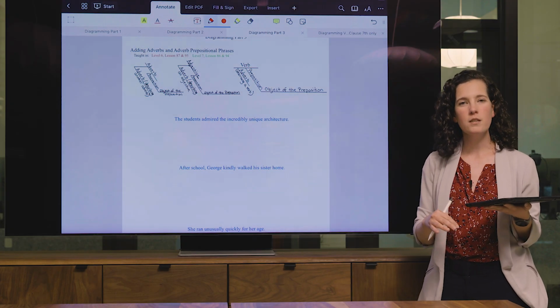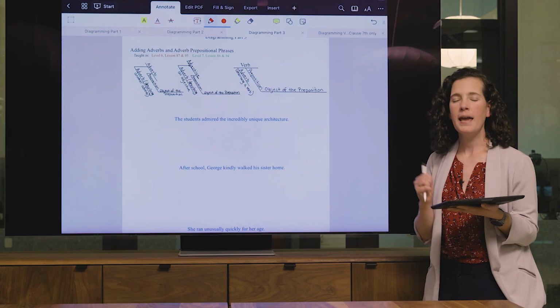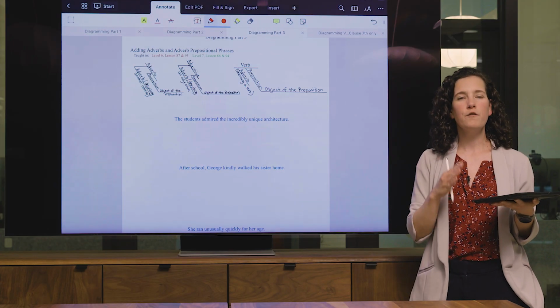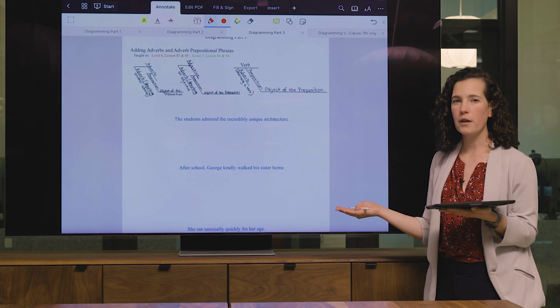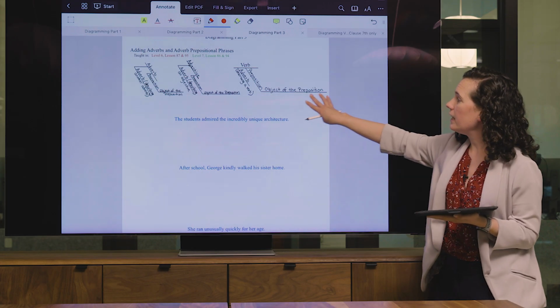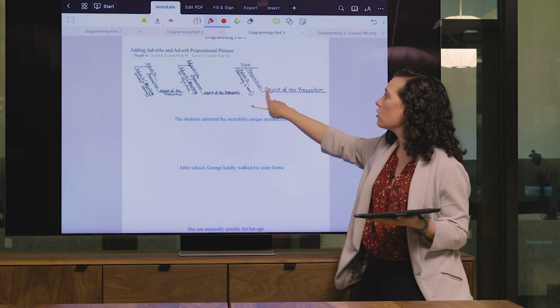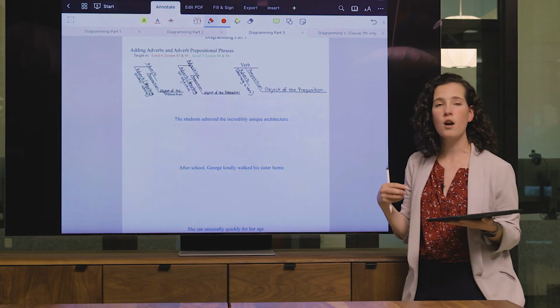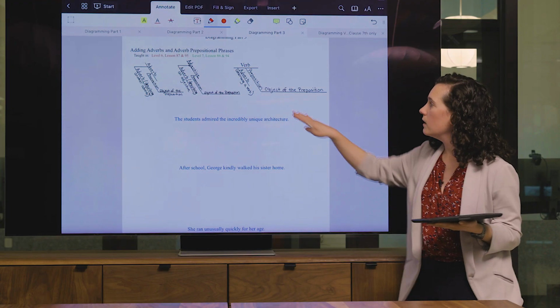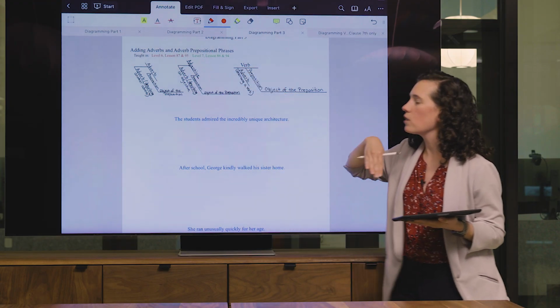So adjectives describe nouns and pronouns. Adverbs describe verbs, adjectives, or another adverb. If it's describing a verb, it's going to look just like our adjectives and our adjective prepositional phrases because you have them coming off of these horizontal lines.